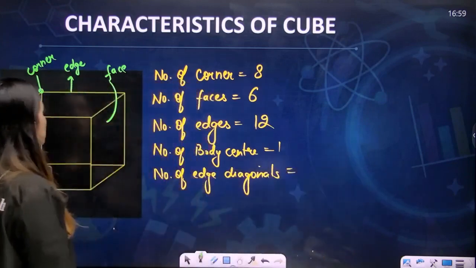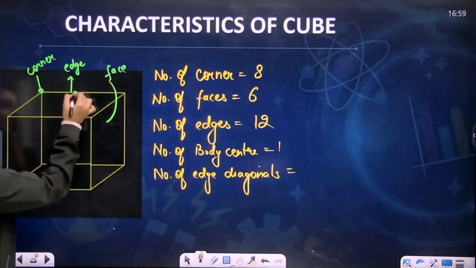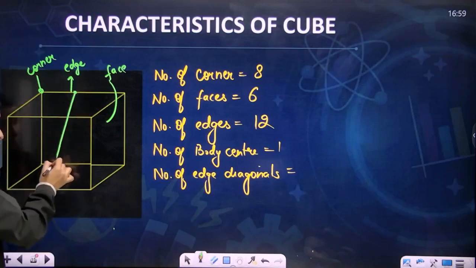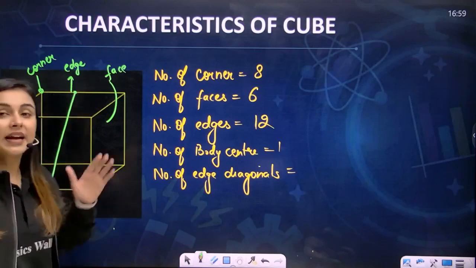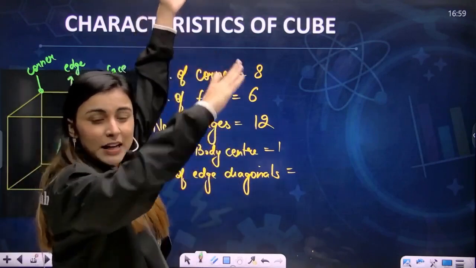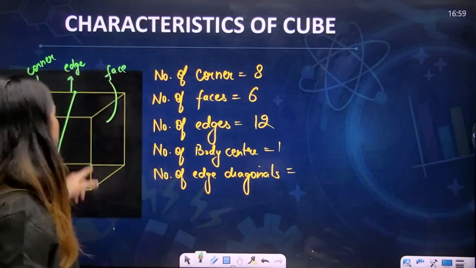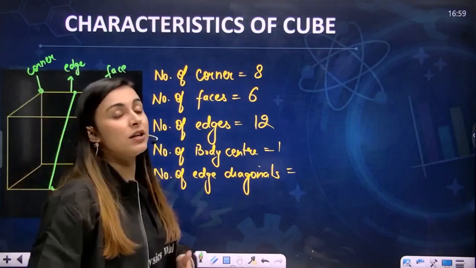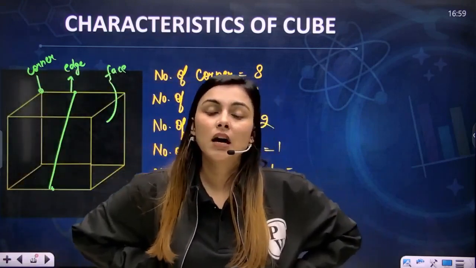My dear students, you know that this is your edge. You also know that this is an edge. So the edge diagonals are always a diagonal drawn from one edge to the completely opposite edge. So this is an edge diagonal. This is an edge diagonal. How many total edge diagonals are present?